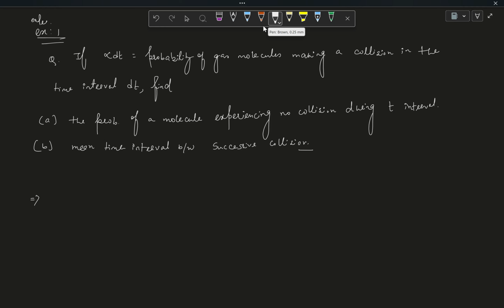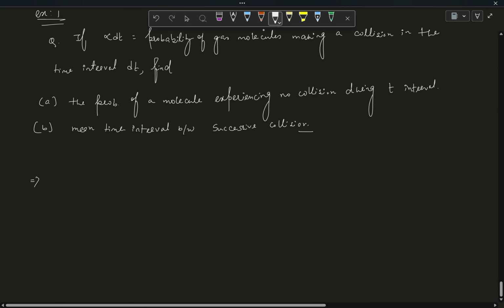So first of all, let us say that the probability of the molecule experiencing no collision in time t, or rather let us call it a free time, similar to free path lambda, let us here call it free time. So the probability of a molecule having no collision in time t will be the same as the probability of a molecule having a free time of t, and that is, let's say, equal to f of t.